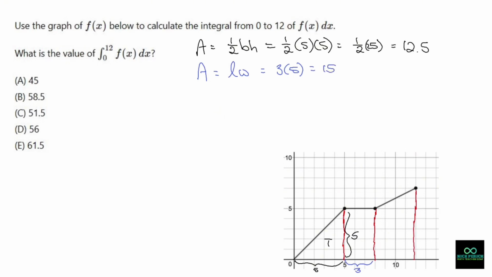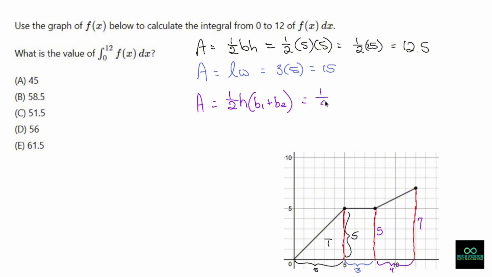Much more manageable. This last guy is a right trapezoid with a height of 5 over here, and then technically a base of 5 over here. We have a height of 4, and a second base that goes up to 7. So the area of a trapezoid is I guess we could say 1/2 of the height times base sub 1 plus base sub 2.